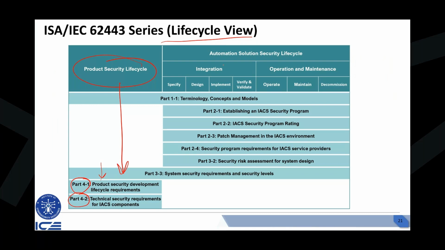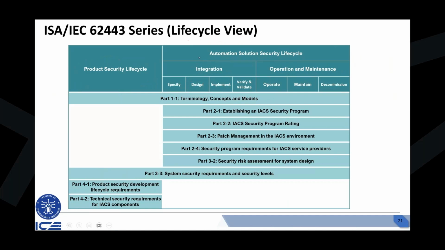For example, the asset owners would provide the specification for the industrial control system. They would do the designing, the implementation, and the FAT and SAT and all that. And then the operation and maintenance comes into play. So where and when the different standards apply, it just gives a little bit of perspective from that point of view as well.